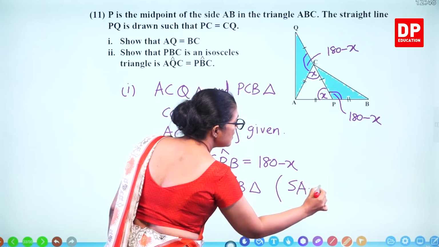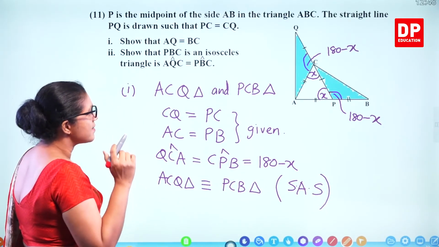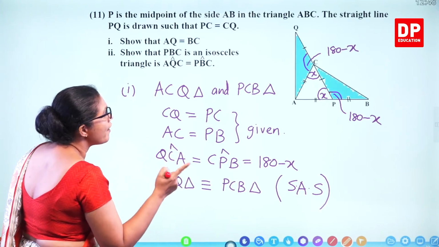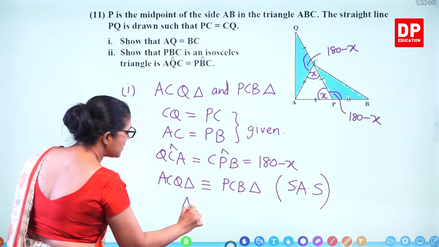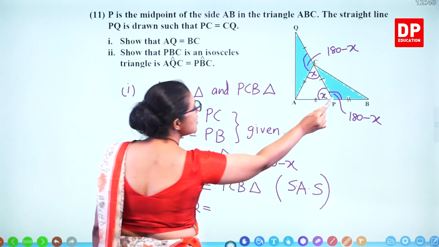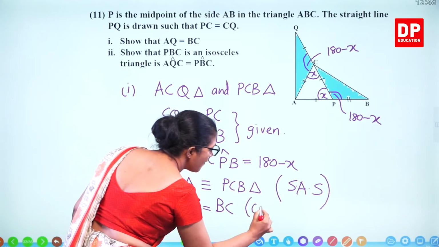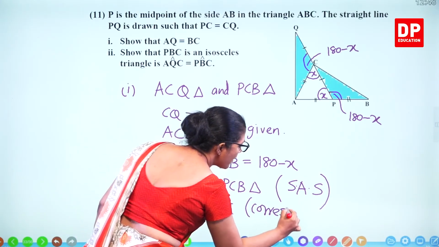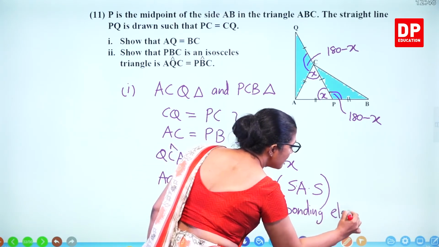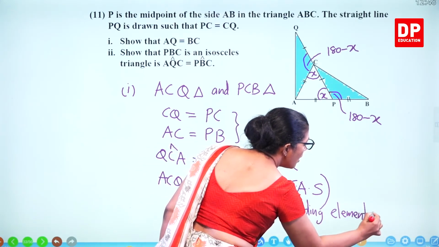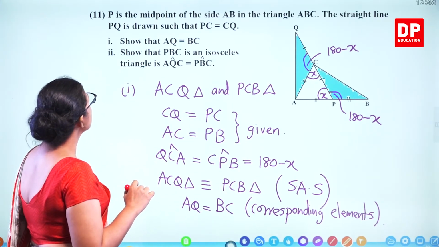Side angle side. So the 2 triangles are congruent. So the corresponding elements: opposite to this angle, AQ is equal to, opposite to this angle is BC. So you can write because of corresponding elements, these 2 are equal. That's the first part.